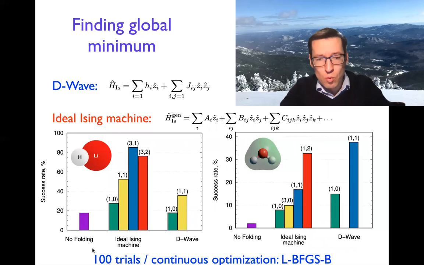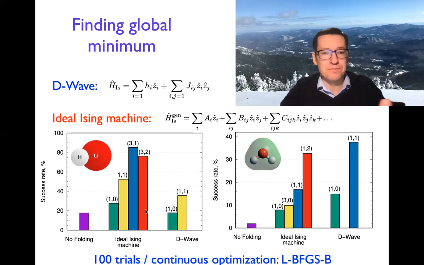And what we did here is 100 trials, optimizing from different initial amplitude values, trying to find the global minimum of the energy expression. For the continuous optimization, we use a BFGS type of approach.